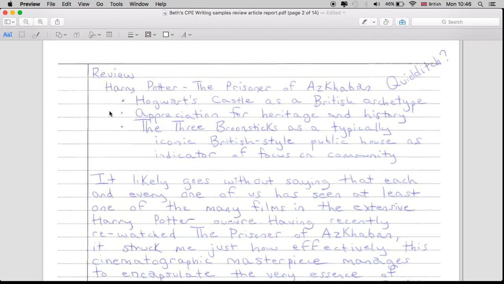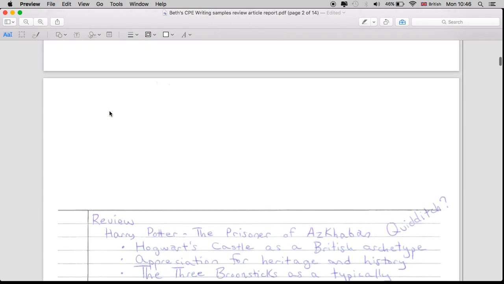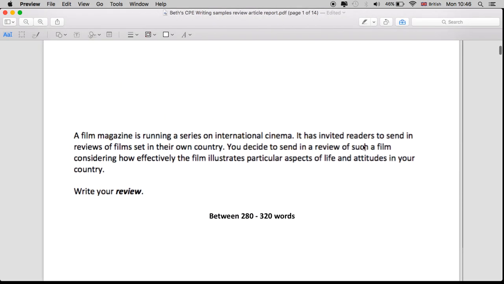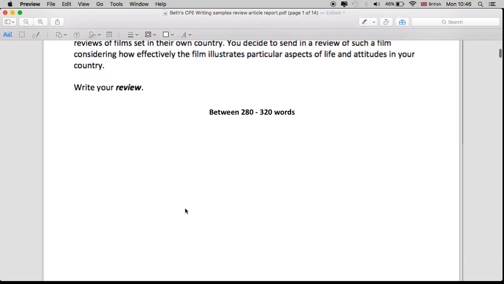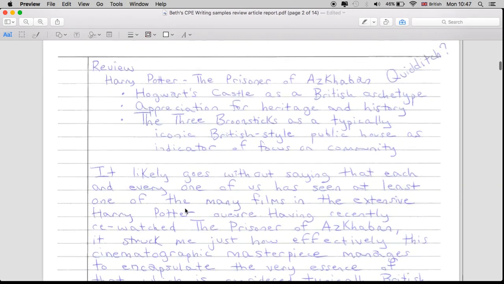Another might be the British appreciation for heritage and history. Okay, what am I answering here? Well, attitudes that the Brits tend to, like many cultures with a long history, appreciate their heritage. And then the third element I thought of was the Three Broomsticks as a typically iconic British-style pub, as an indicator of the British focus on community.